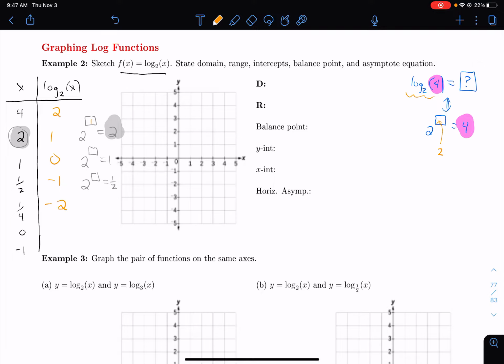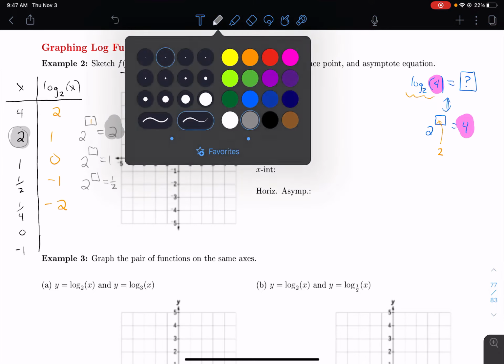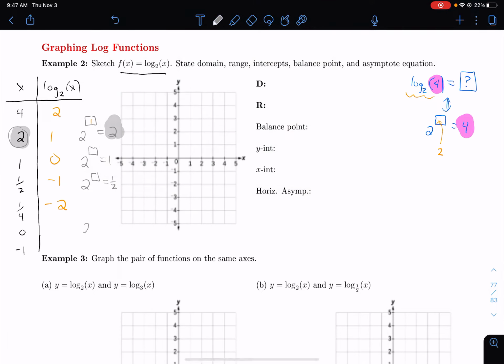Nice. All right. So what about with these remaining 2? So what about with 0? If I plug in 0, I want to know 2 to what power equals 0. And if I plug in -1, I want to know 2 to what power equals -1. Well, both of these, nothing works.